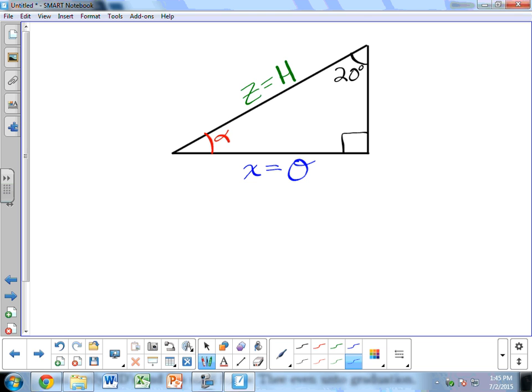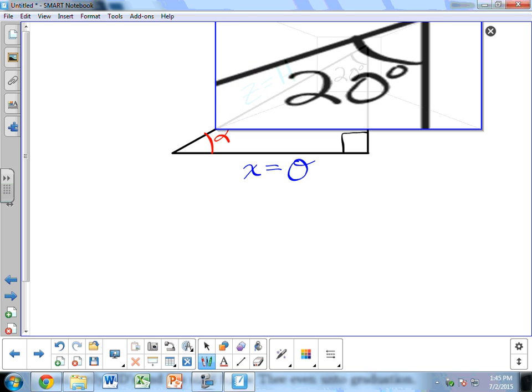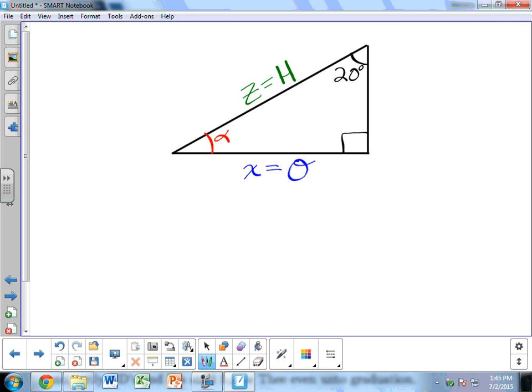Notice what happened. Since our reference angle changed to the angle up here, that changes how we look at the triangle. So instead of the base of the triangle being the adjacent side, it is now the opposite side because the reference angle changed.